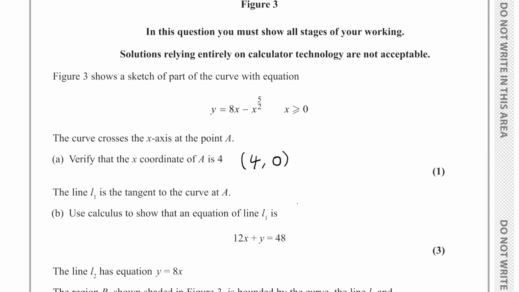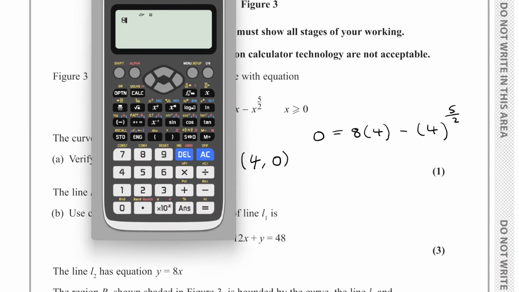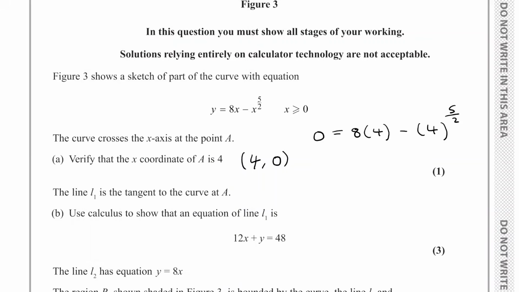So y is 0, so 0 equals 8 fours minus 4 to the power of 5 over 2. And we can check it on the calculator. 8 fours minus 4 to the power of 5 over 2 is 0.